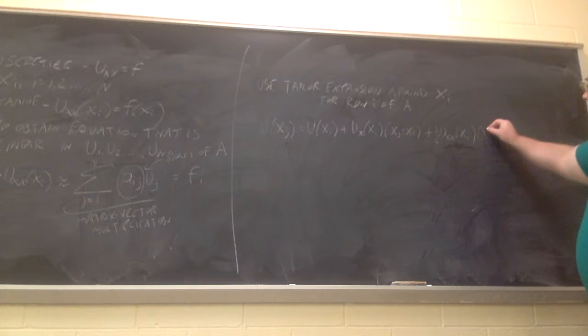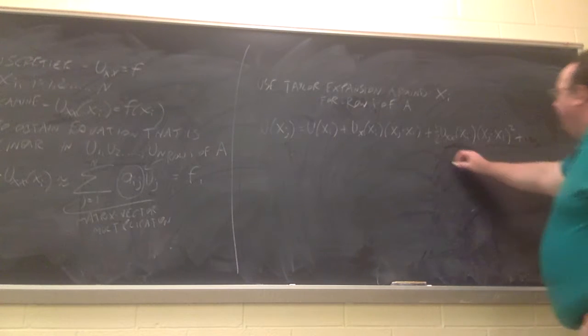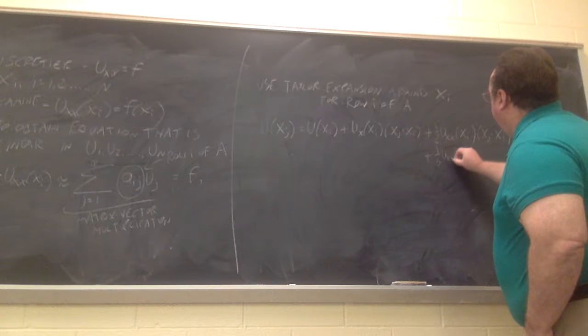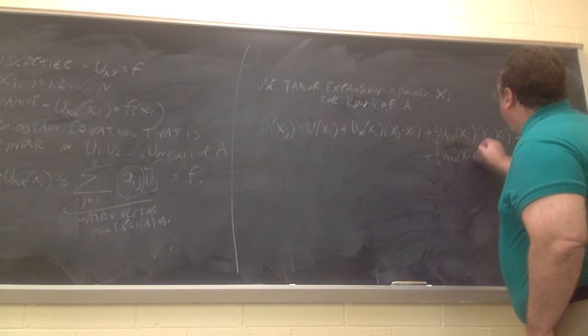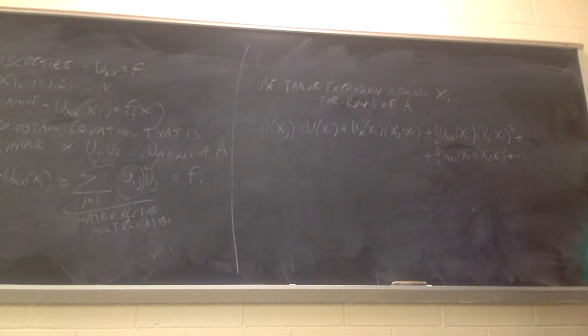Times xj minus xi squared, plus, and we will keep going from there. Actually, I'll do one more term: third derivative over 3 factorial times xj minus xi cubed, and so on.